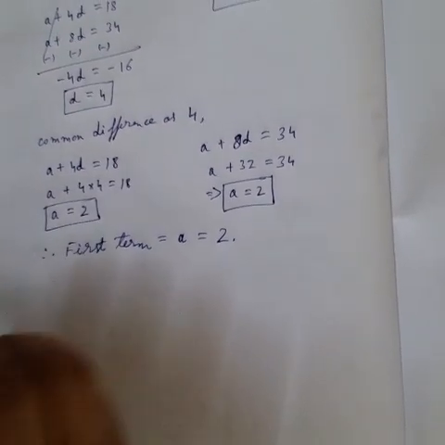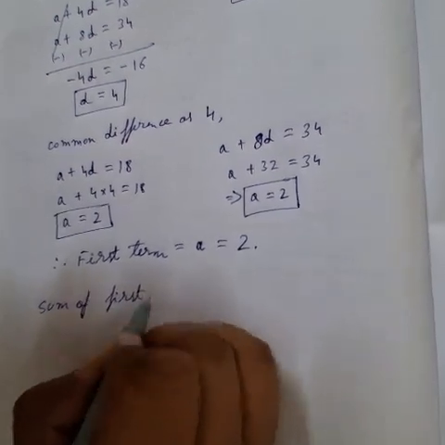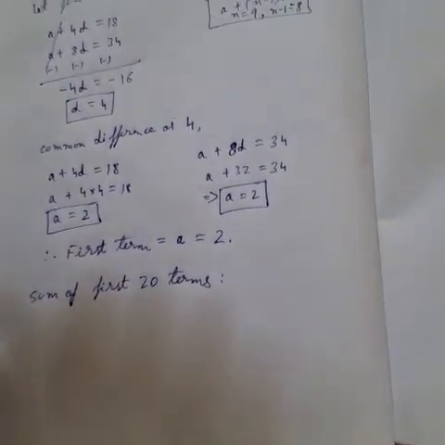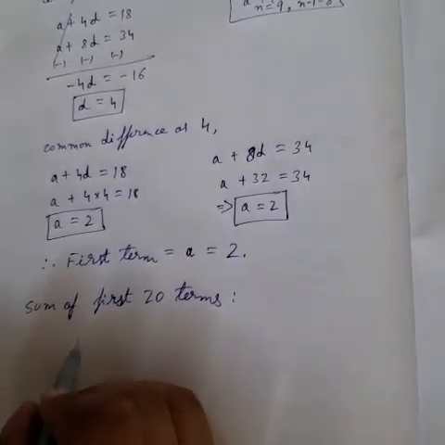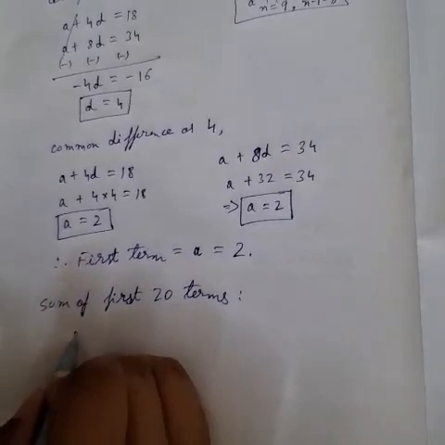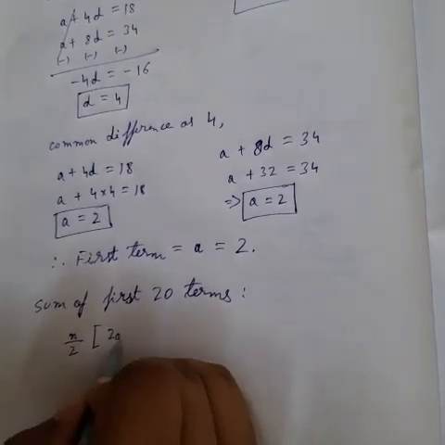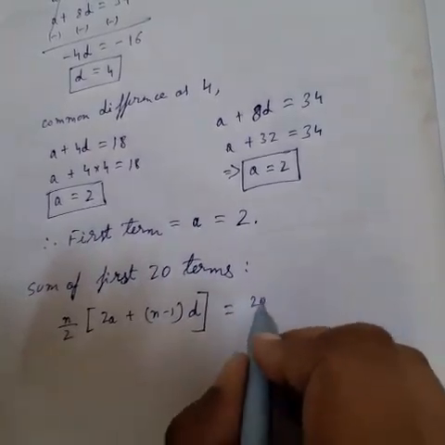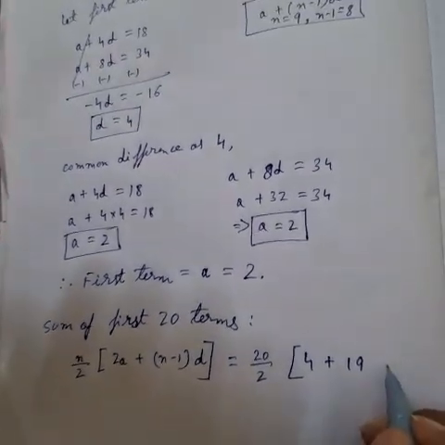Now in order to find out the sum of the first 20 terms, we can write the sum as n by 2 into 2a plus n minus 1 into D. This is the formula, where n is 20, so 20 by 2, 2 into 2, 4, plus 19 into D. D's value is 4.